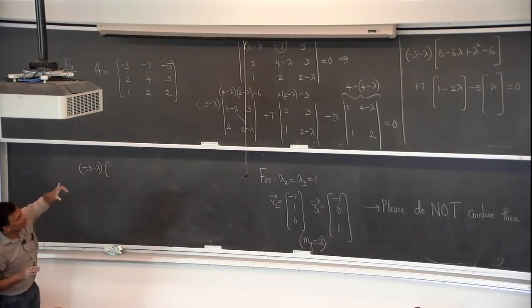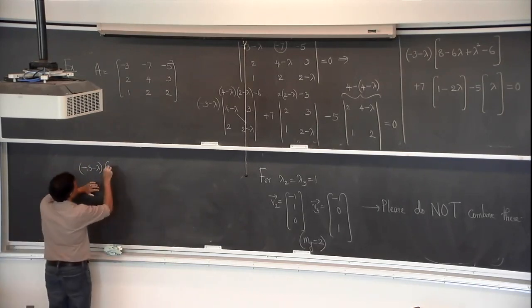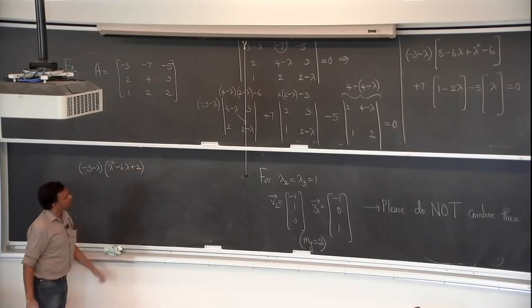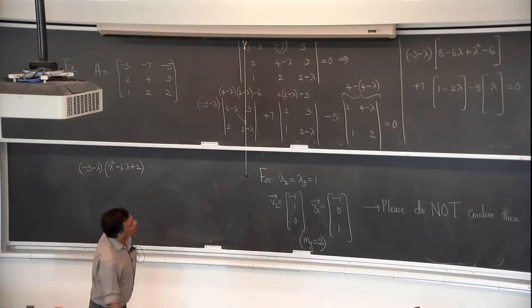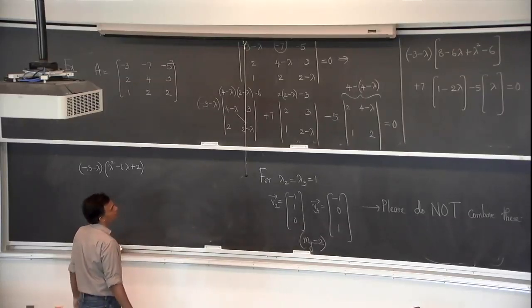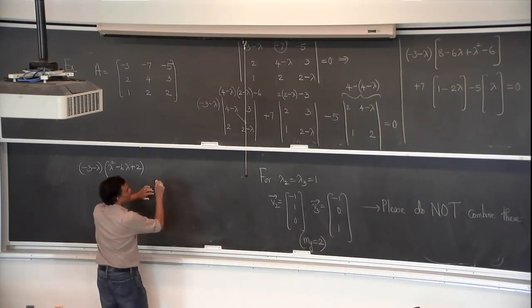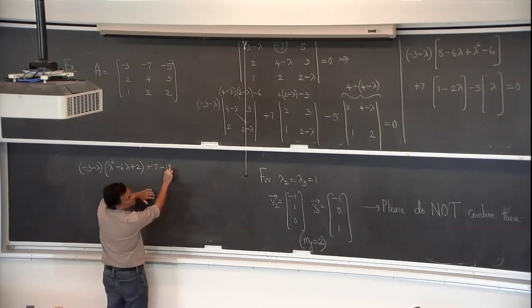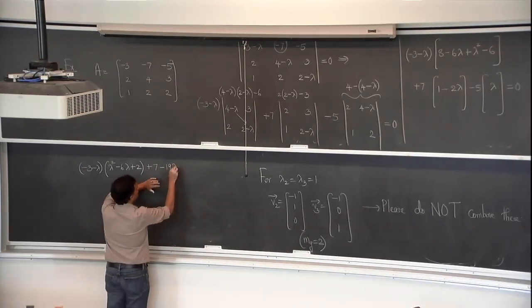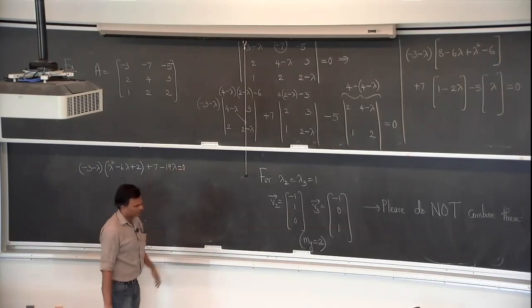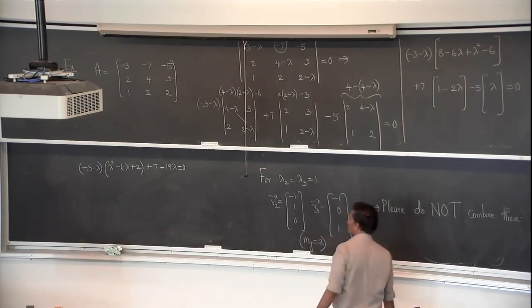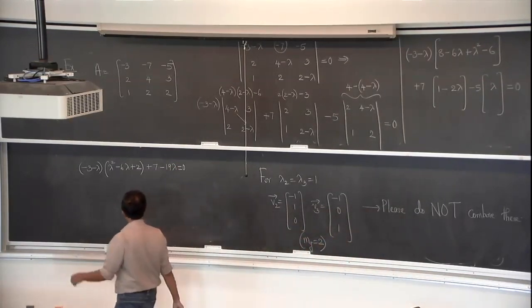Lambda square minus 6 lambda plus 2. Don't like the number 19. That is what I'm getting. That's what it is.